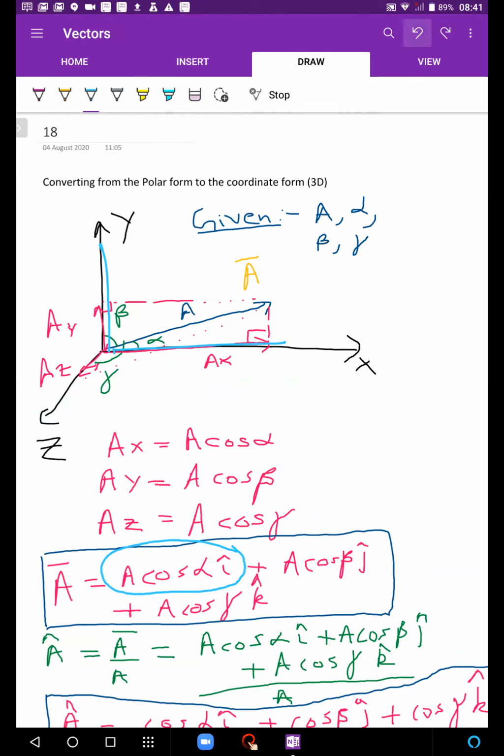So that vector has an x component. It has a part along the x-axis which we found to be a cos alpha. It has a part along the y-axis which we found to be a cos beta. It has a part along the z-axis which we found to be a cos gamma. And that's it. There are no more parts. So a cos alpha, a cos beta, a cos gamma along I, j, and k. So this becomes your vector a bar.